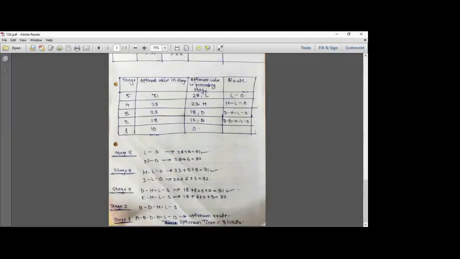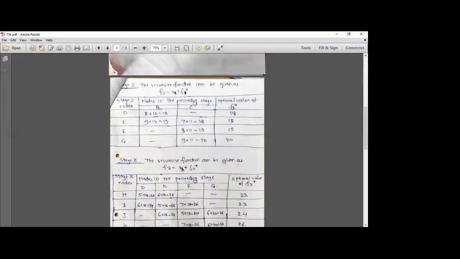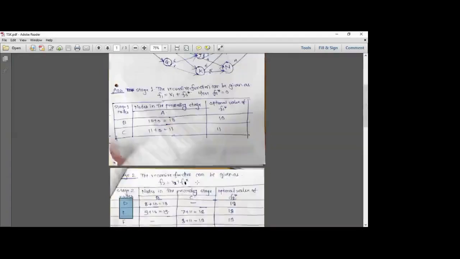Now let's move towards our node 3. The optimum value we already have and written here, it is 23. Now let's move towards the stage 2 node. The optimum value is 18, and again there is a tie, and here we have nodes D and E into consideration.